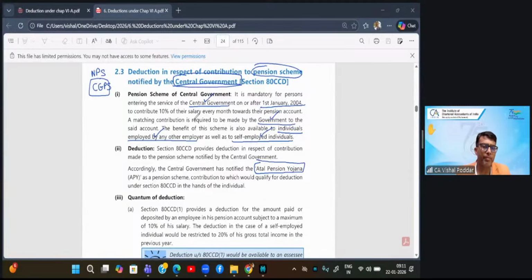Now, what will happen? You are an employee of, let us say, a private employer. Now, definitely the private employer is not going to give you pension. But what the private employer can do, the private employer can join in this plan. Now, when the private employer joins in this plan, he will open an account for each and every employee in this plan.